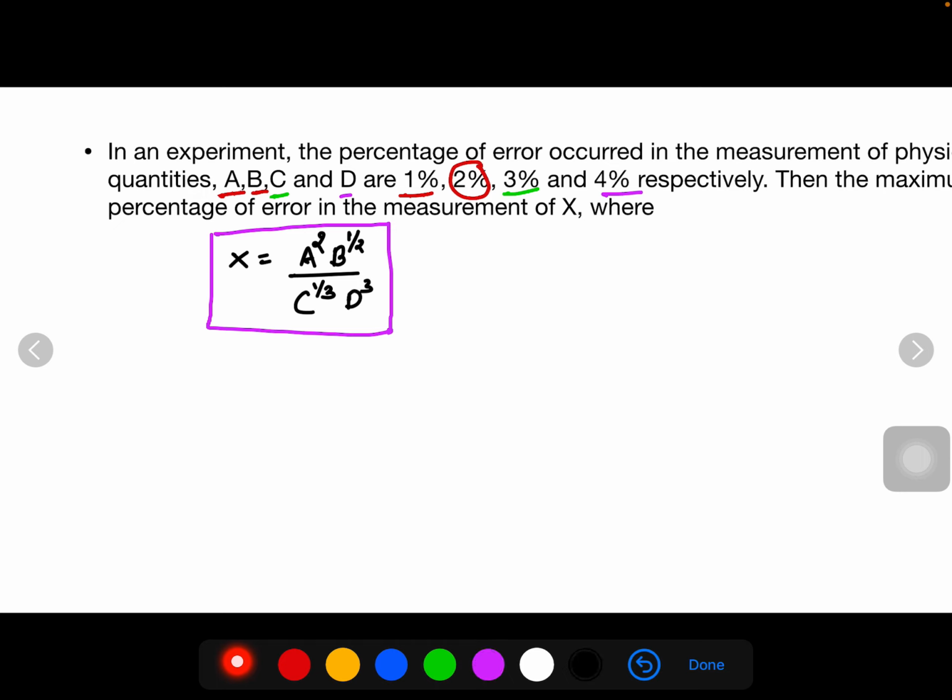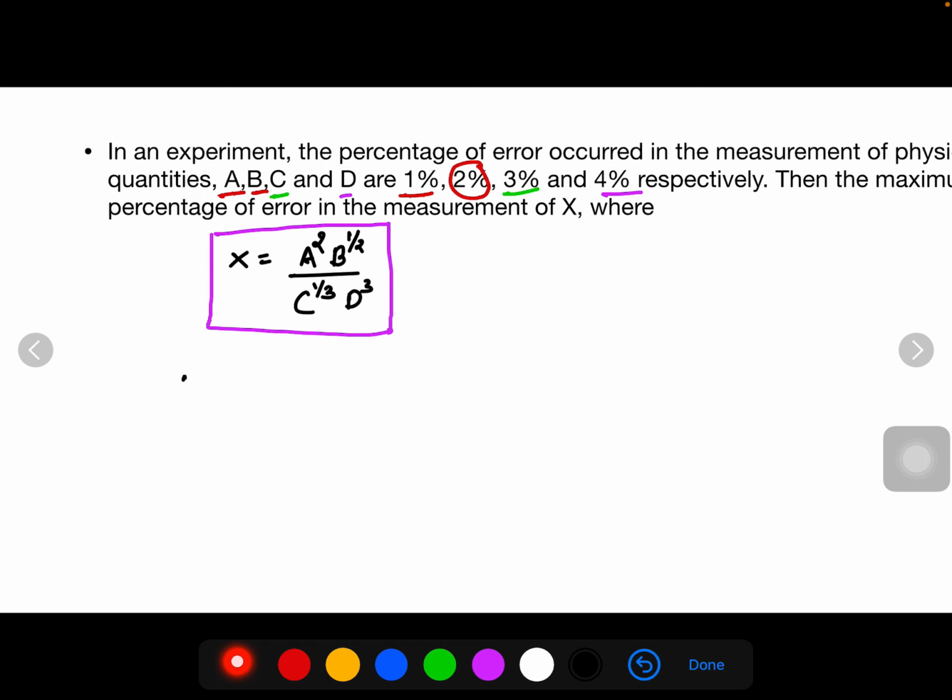If there is multiplication or division while calculating error, you should take the relative error or percentage error. And if there are any exponent terms, you have to multiply the power with the percentage error. All these things we have mentioned in our previous class.